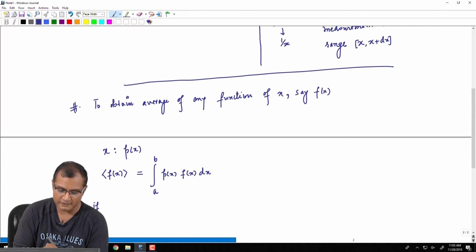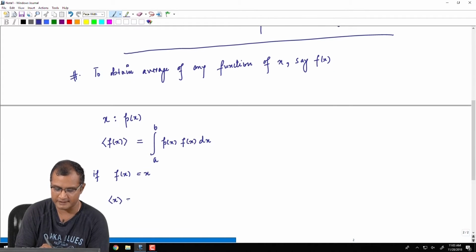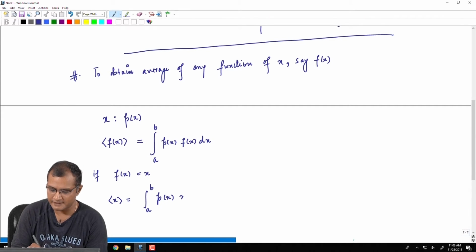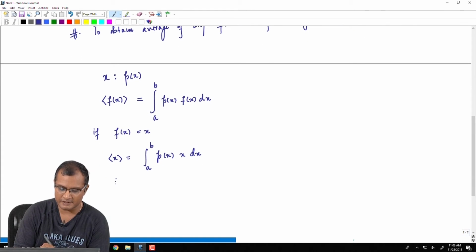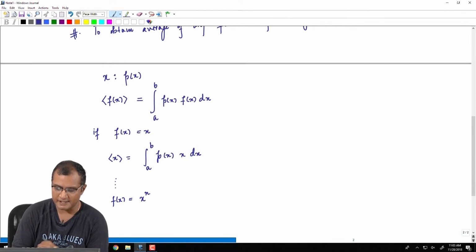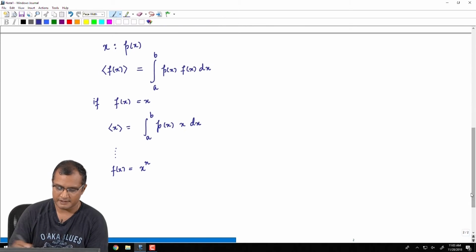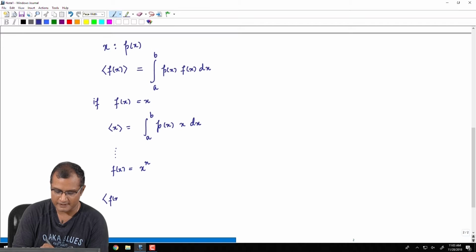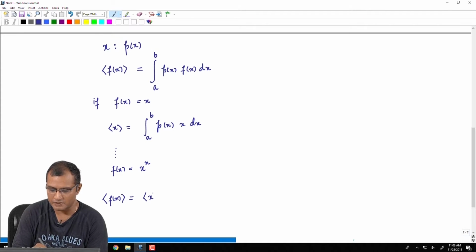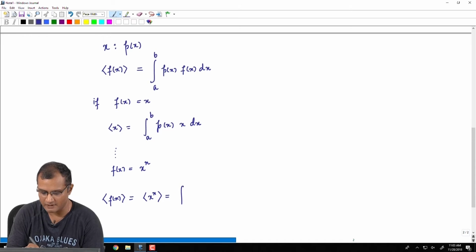So, if you take for example f of x as x itself, this gives the average of x as integral a to b p of x x dx, okay. And if you take f of x as some power of x, let us say x to the power n, then the average of f of x would simply be the average of x to the power n, which by the definition of averages is integral a to b p of x x to the power n dx.